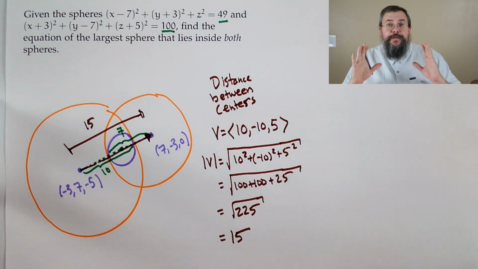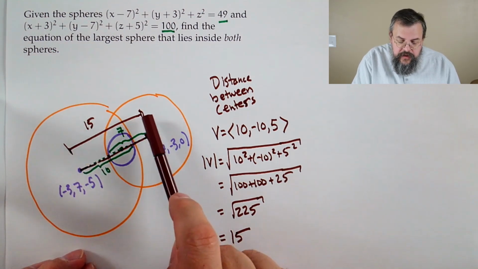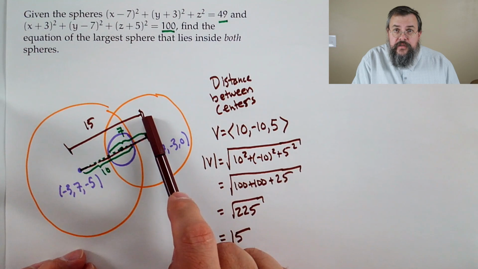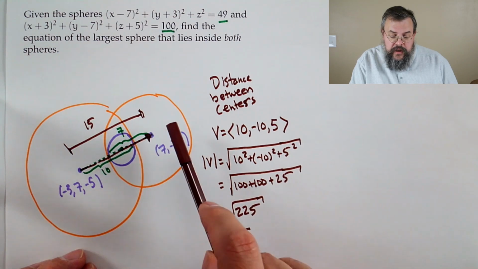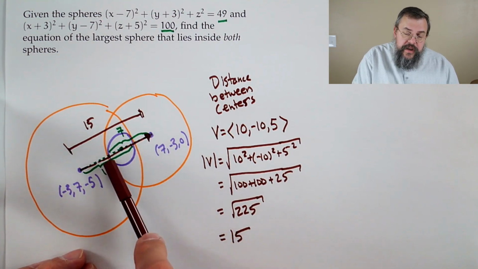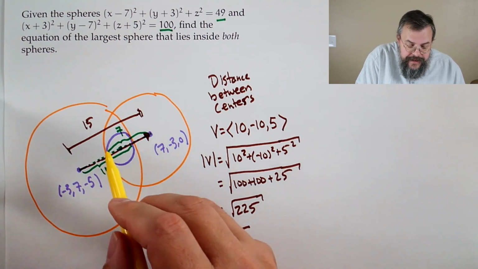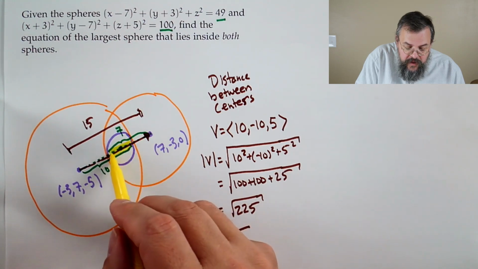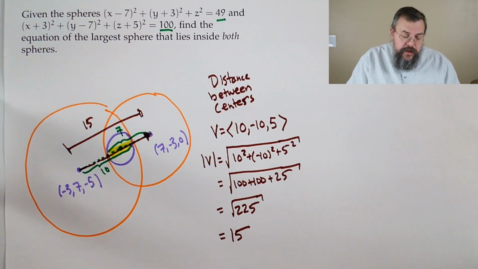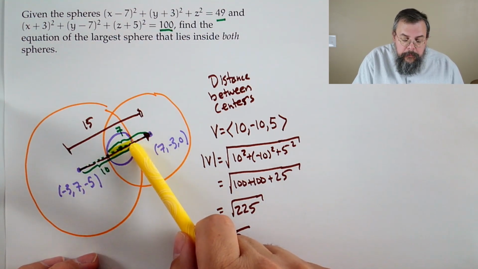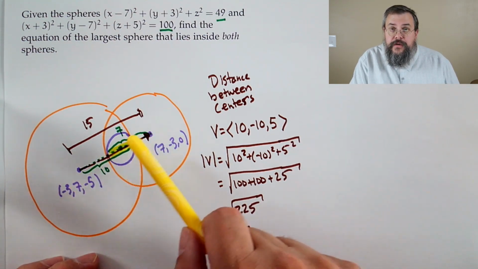Now, let's put this all together and see what that tells us. We know if we go just between the centers and nothing else, that's distance 15. If we go from the center of the big sphere out to its edge, that's 10. Center of the little sphere out to its edge, that's 7. If we stare at this, we say, aha, look at this overlap. This overlap would be the small sphere. And so we could say, well, if I go 10, back the diameter of the big sphere, then 7, that would get me between the two.